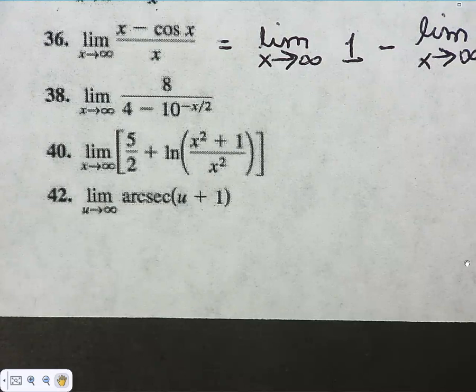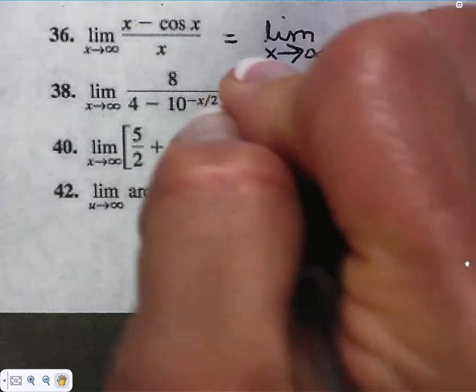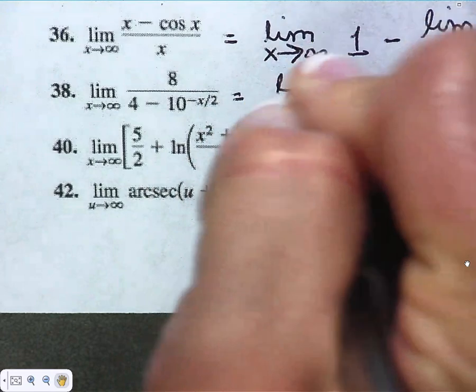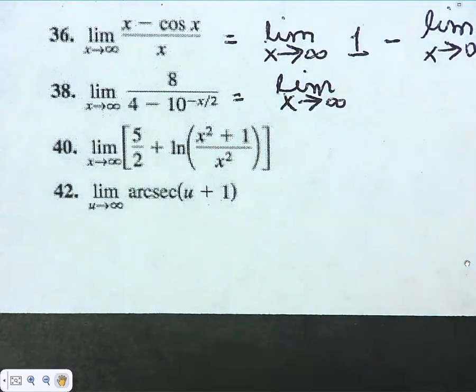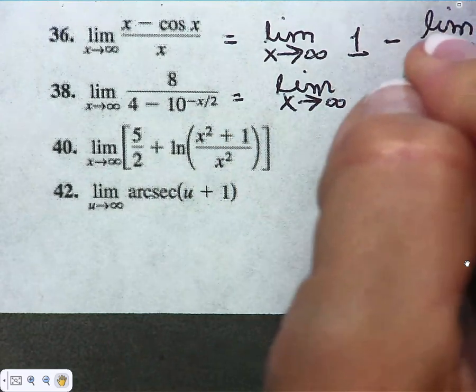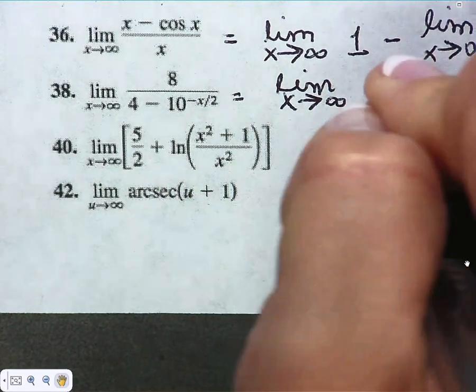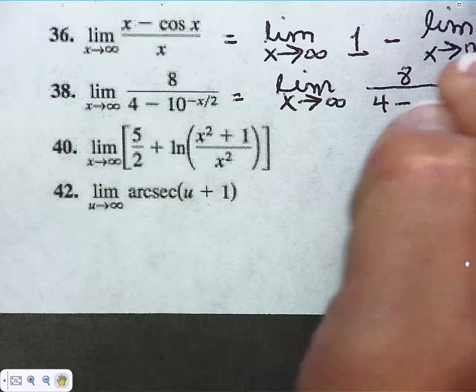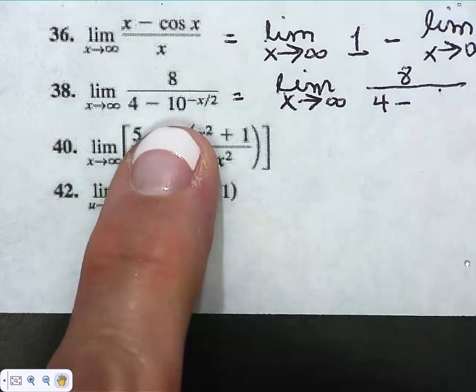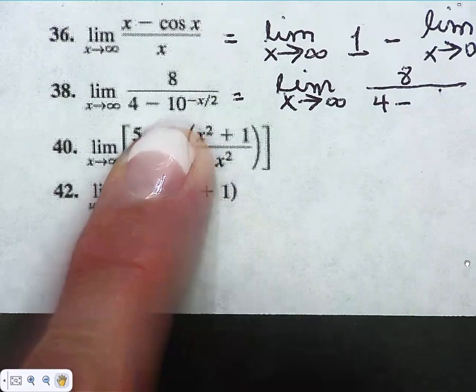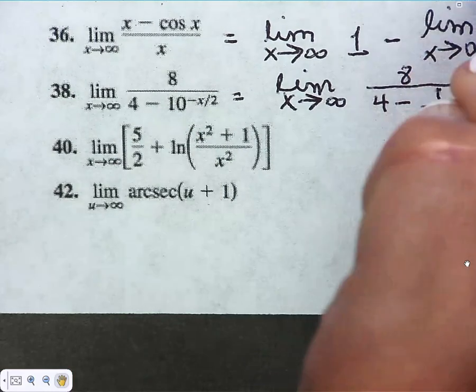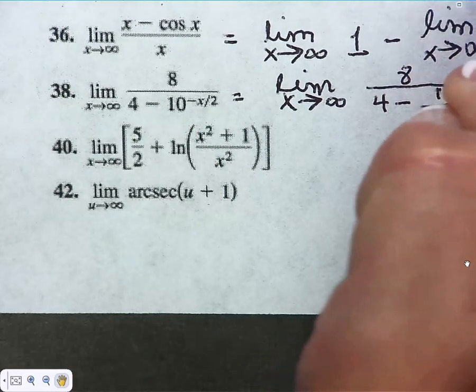Here's what I do whenever I have a negative exponent. I may not actually be doing this on paper, but at least in my head, I'm thinking that's 8 over 4 minus, how can I write that with a positive exponent? 1 over 10 to the positive x over 2.